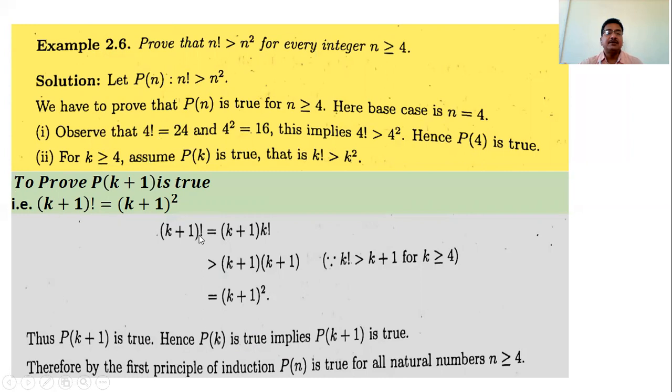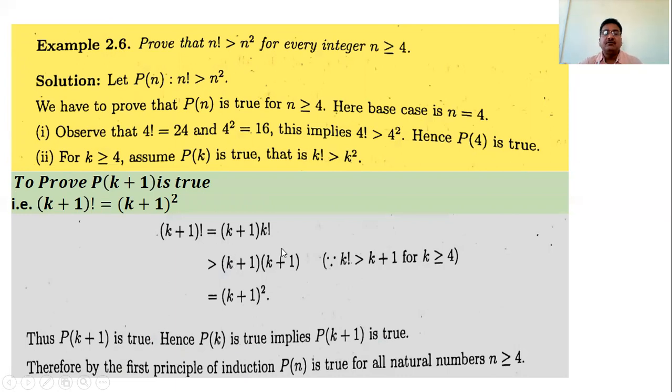And so consider the LHS and show the RHS. Consider k plus 1 factorial is equal to k plus 1 into k factorial, because we know that 10 factorial means 10 into 9 into 8 into 7, up to multiplication up to 1. That is, we can write 10 into 9 factorial.